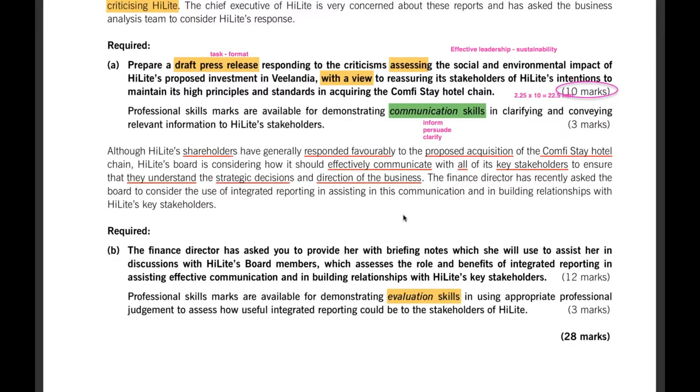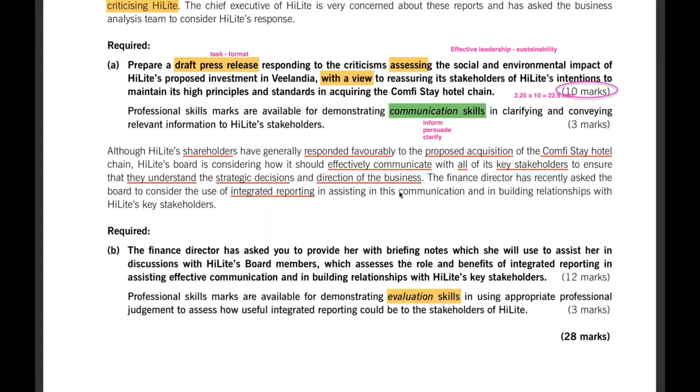The finance director has recently asked the board to consider the use of integrated reporting, assisting in this communication, and in building relationship with Highlights key stakeholders.